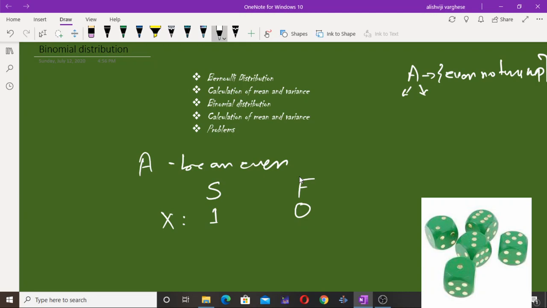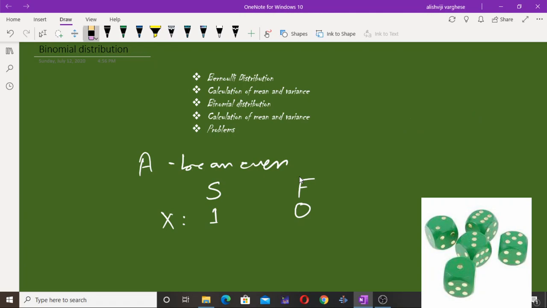If an even number turns up, it is a success, and if an odd number turns up, it is a failure. Or if an even number turns up, then our random variable X takes the value 1, and if an odd number turns up, then X takes the value 0. So this is the kind of random experiment which we are going to discuss.